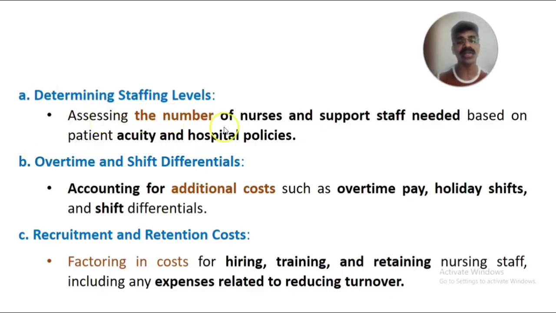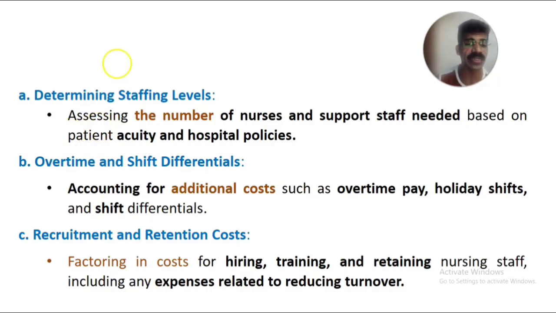That includes assessing the number of nurses, the different types and number of nurses and supportive staff, nursing assistants, needed in the ward or the department based on patient acuity, patient needs and problems, and hospital policies.